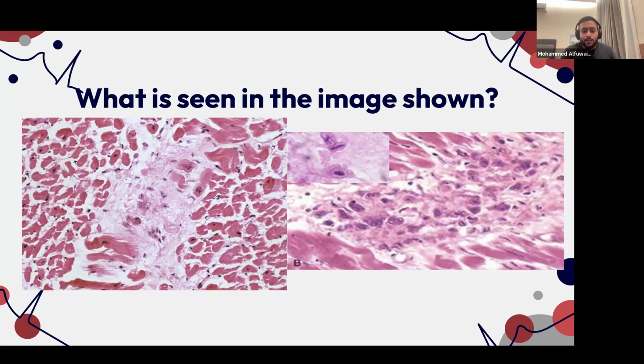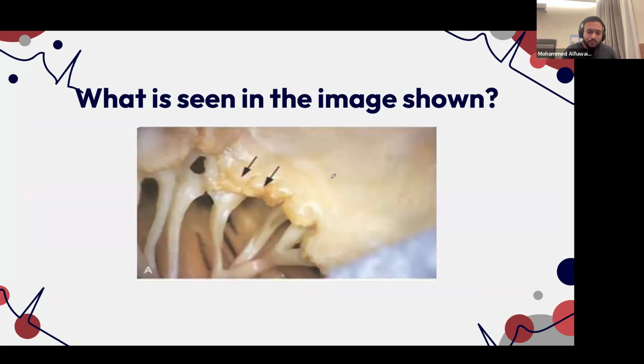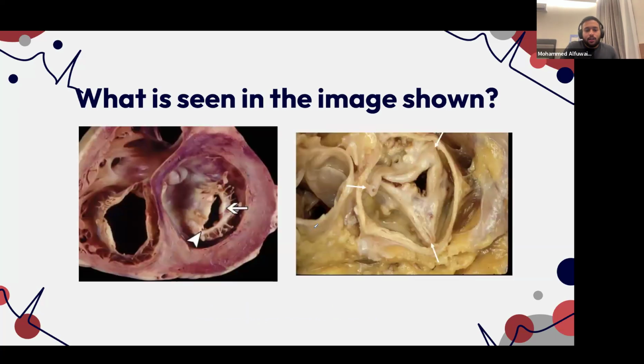Okay. This is an Aschoff body which has macrophages, which are all these Anitschkow cells. These are macrophages. Good. Rheumatic heart disease. Now, this is a valve that's seen in rheumatic heart disease, with verrucae. As I mentioned, it's just linear on the valve from the figure before. So it's linear onto the valve, okay?